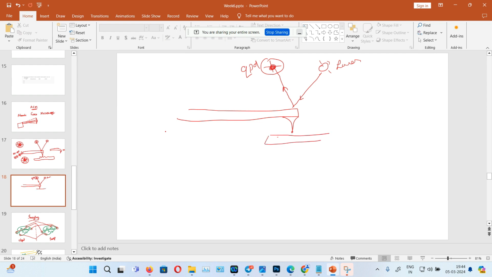Here their samples may not be that thick, and the sample is kept on a prism. Sample is kept on a prism and it starts illuminating from this side.